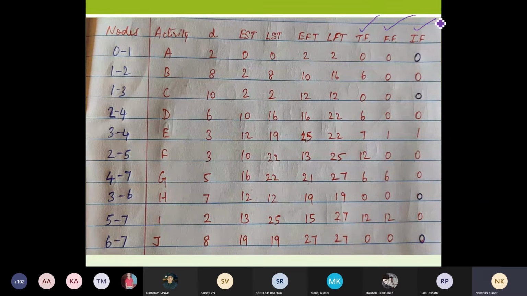So you're going to calculate these three parameters. For this, first you have to list all the nodes, the names of the activities, and the durations, and then the parameters you have calculated, the early start time and the latest finish time. Latest finish time is nothing but your latest completion time. Completion and finish mean the same, so you can use any term you want. You can put it as LCT or LFT.